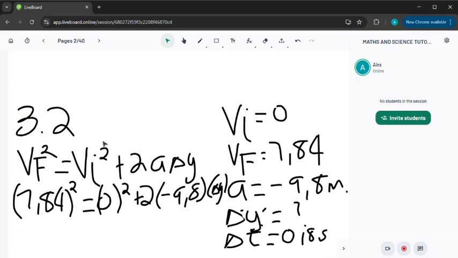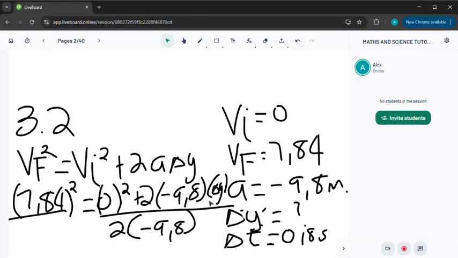And therefore we can do our calculations. So 0 squared plus 2 into negative 9.8 delta y is the same as 2 into negative 9.8 multiplied by delta y. To avoid unnecessary calculations, we can just divide by 2 multiplied by negative 9.8 on both sides.